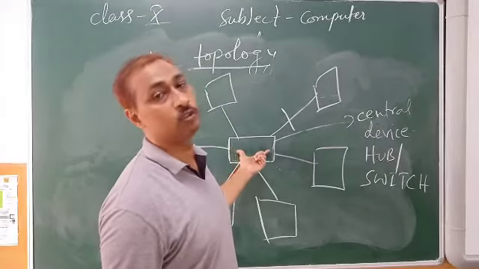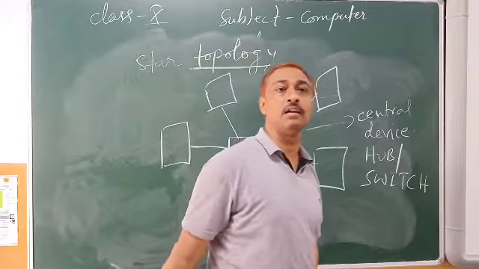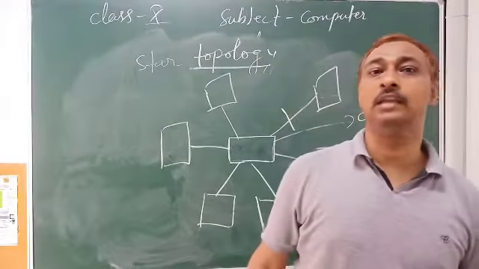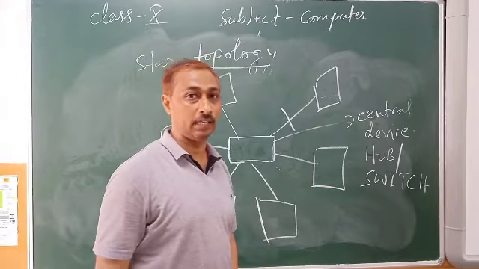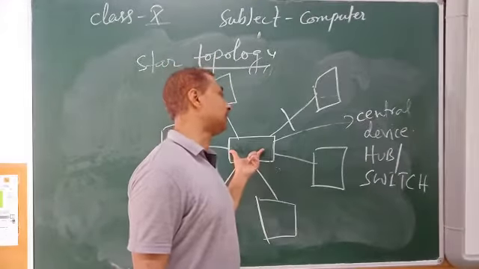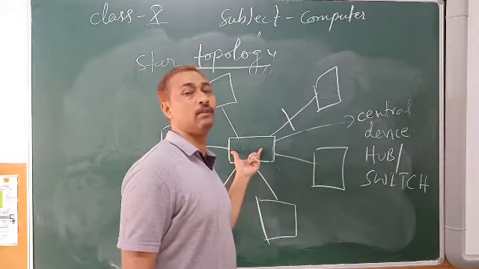And this device also checks for collision of data. बहुत सारे लोग at a time अगर data transmit कर रहे हैं, तो in that case there are chances of data collision, and this device takes care of that. Switch also takes care of that.